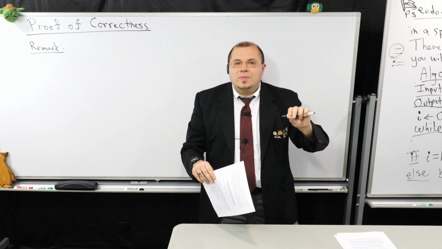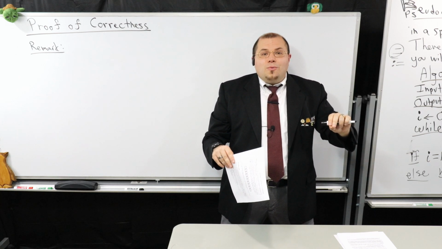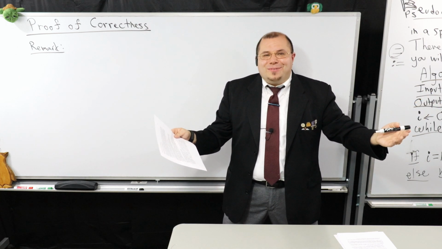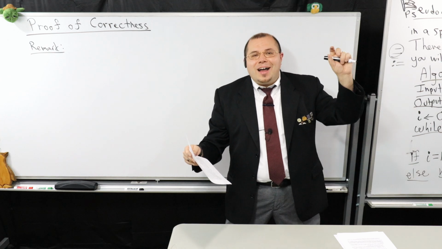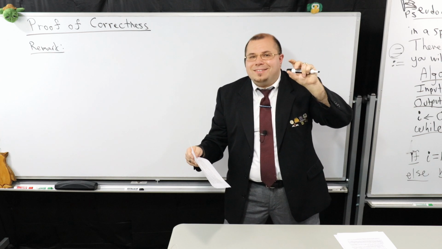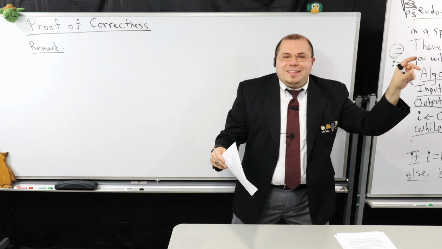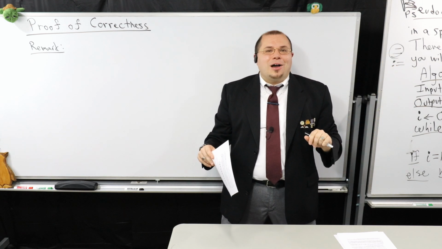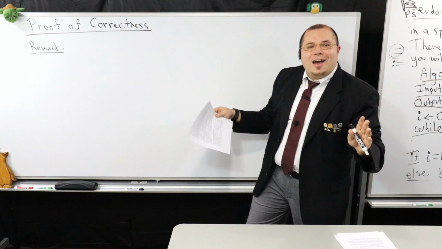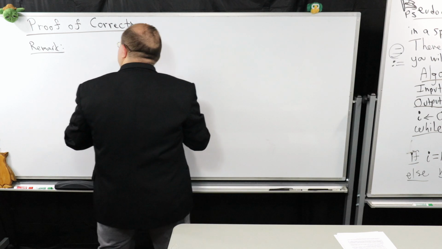So to tell you that it doesn't work, all I have to do is find one problem instance that I feed to the algorithm and it doesn't produce correct output. That's all I have to do. A so-called counterexample.